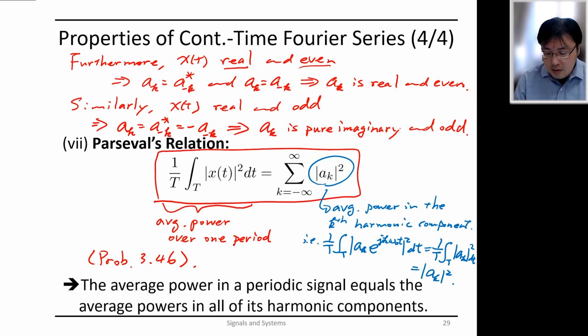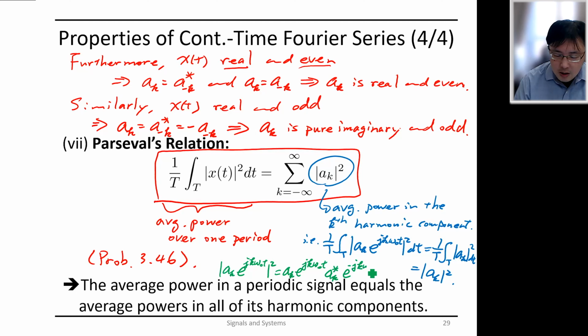你说什么东西变成1？ 就是底下蓝色的右下角那个 ak exponential 那边那一项。 哦，OK。 因为这个 ak e to the j k omega naught t absolute square， 所以 absolute square 就是这个数字乘上它自己的 complex conjugate，right？ 所以这个会是 ak e to the j k omega naught t times ak complex conjugate e to the minus j k omega naught t.